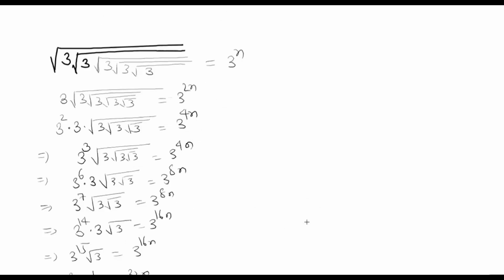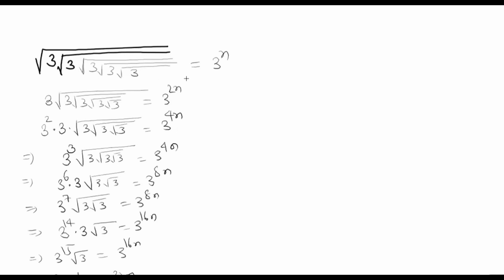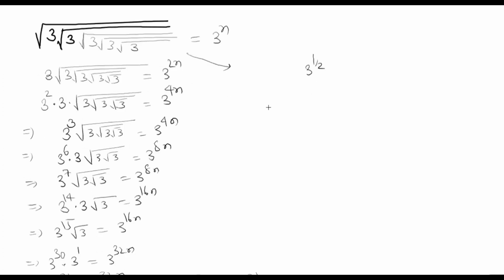What else could we have done? We could have started from here itself, right? We could have looked at this square root of 3, which is inside of this, right? So this is nothing but 3 to the power 1 by 2, right? I'm just telling you there could be a different way as well to look at this.